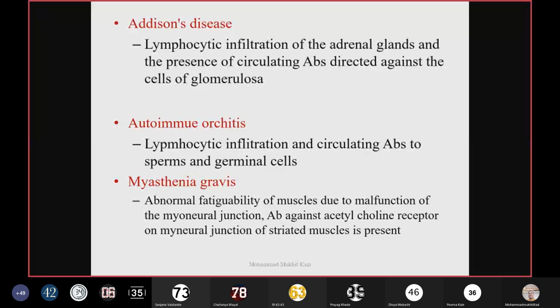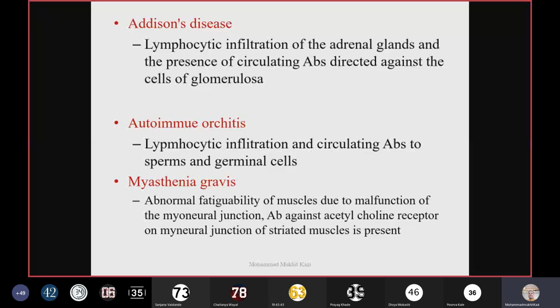This disease you might have heard of because one of the greatest actors of this century has been suffering from this autoimmune disease, that is Amitabh Bachchan. Myasthenia gravis, you might have heard about it. He is suffering from myasthenia gravis. It is abnormal fatigability of muscles due to malfunction of the myoneural junction.